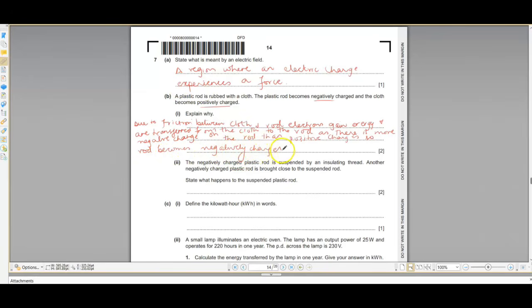Okay, and the cloth becomes positively charged. Write both these things.